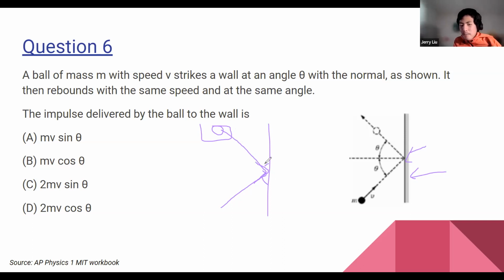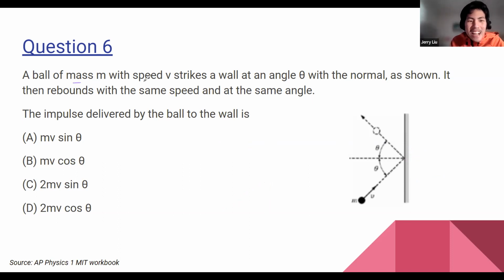And if there's no energy transfer, if the ball's not losing energy by friction, like if you're playing air hockey, it should move at pretty much the same velocity as well. So this is a bit useful, I would say.